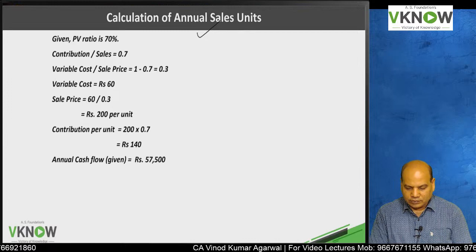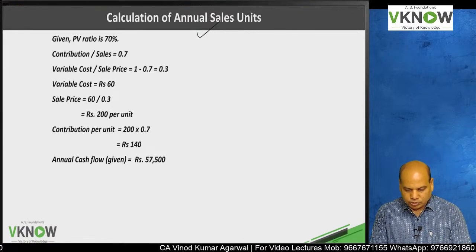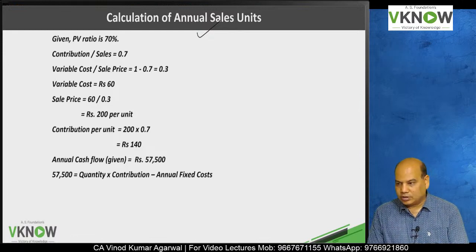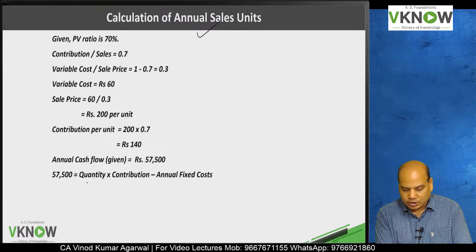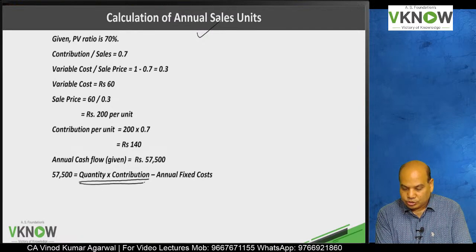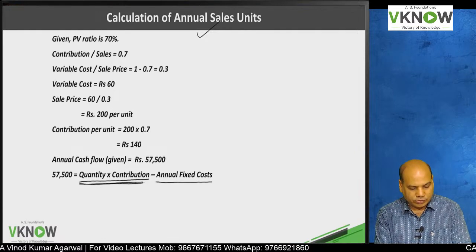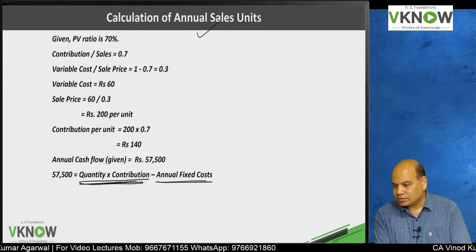Then write down annual cash flow given is 57,500. And how is this annual cash flow calculated? It is simply like one earlier problem also: quantity into contribution minus annual fixed cost.